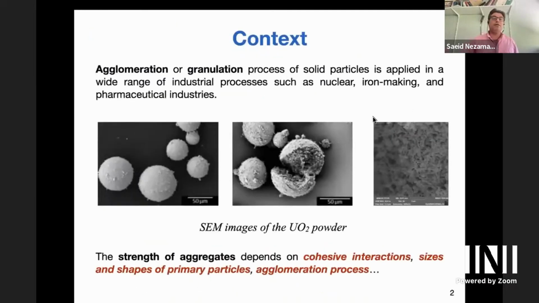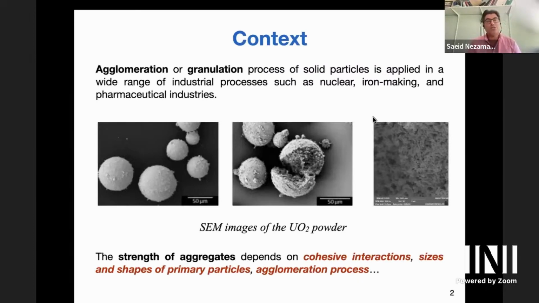Granulation is a very common process in many industrial processes. You can see here an example of uranium dioxide nuclear powder, which is composed of aggregates made of primary particles with dendrite shapes, and many different sizes.